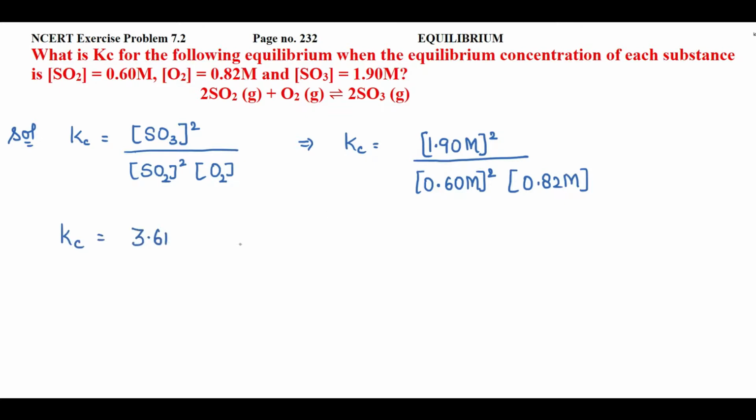So when I'll take the square of 1.90, that will be 3.61, and M will have square with it, right? Divided by 0.60's square, which will be 0.36, and we'll have M square with this, into 0.82 molar, right? I'll cancel this M square with this.